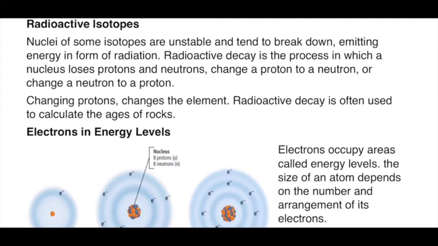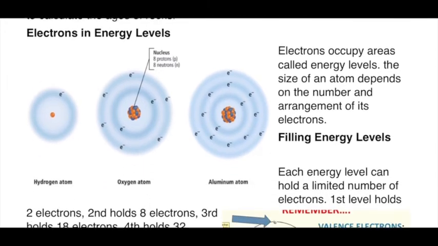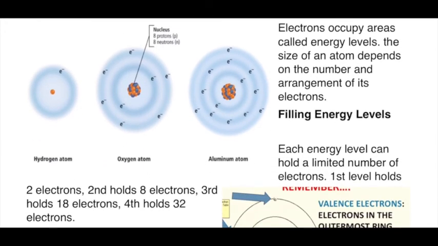The electrons are thought to, or mathematically thought to, exist in shells or energy levels around the nucleus. And so you're going to see that they're in certain places. If you have 8 electrons, you're going to have a shell, first of all, of 2, and then a shell of 6.